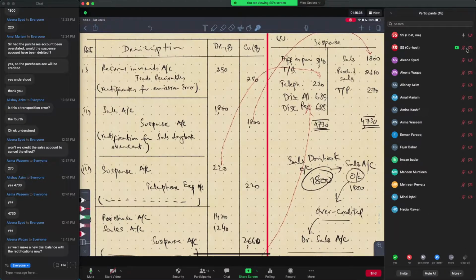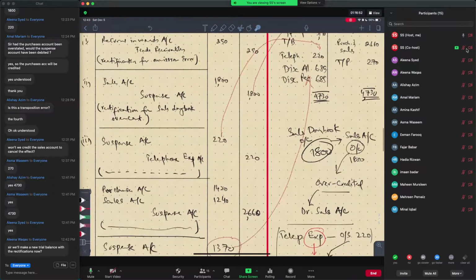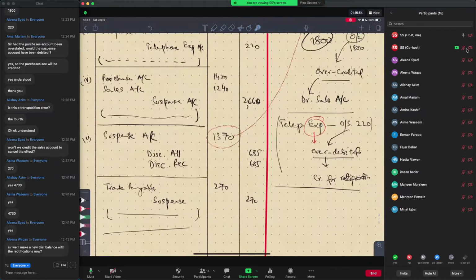We have only taken the first step now. We only saw how we eliminate suspense account. So once suspense account is eliminated, we are going to revisit all our draft statements, including the trial balance, and we are going to fix everything, right? In some examination questions, the examiner may ask you to redraft the correct version of the trial balance, as Alina Vakas has mentioned.